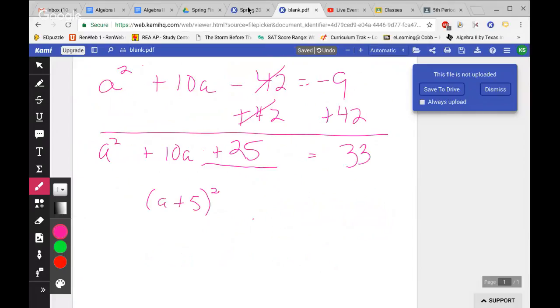Whatever I do to one side of the equation, in order to keep the equation balanced, I have to do to the other side. So 33 plus 25 gives me 58. Do you remember, if I wrote out a plus 5 times a plus 5, I would get a squared plus 10a plus 25.